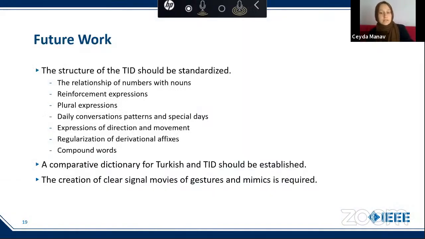Considering the grammatical structure of Turkish and TİD, it is obvious that they have an important position among world languages. Academic and scientific studies on these are expected to be references to other languages. For this purpose, research was conducted on the grammatical structure of Turkish and TİD.